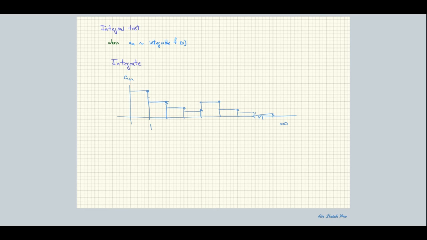Now, the idea here is if I've got some function here, I can do one of the shifts. I can look at a continuous function that's running before, as it comes through here.